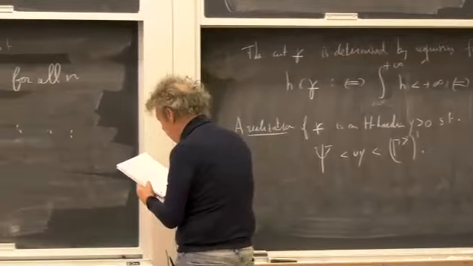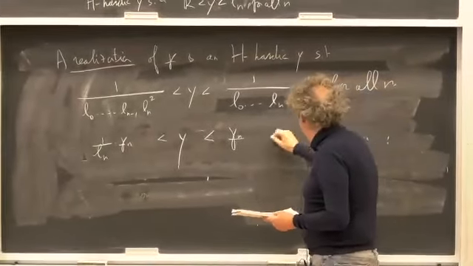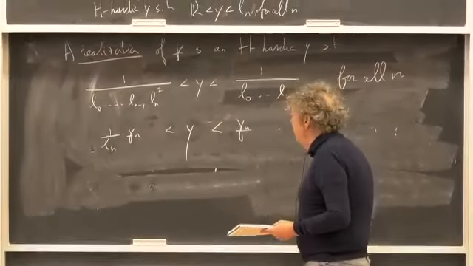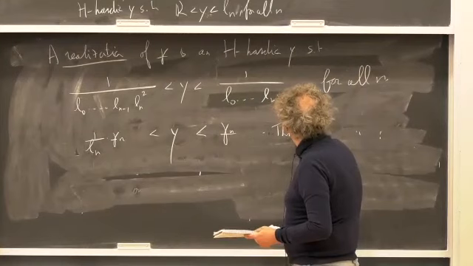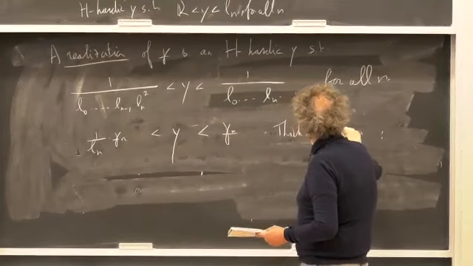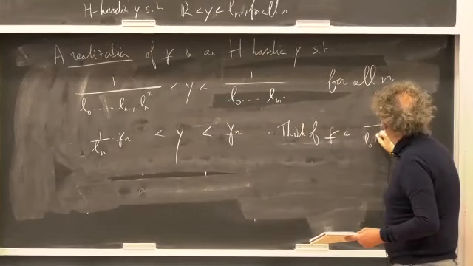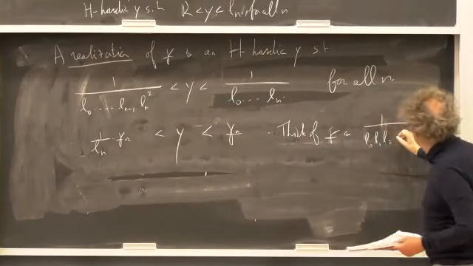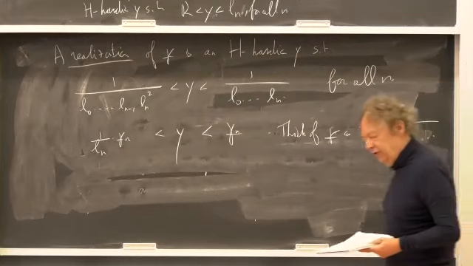I want to finish with an open problem. Let me also say we think of gamma as 1 over L0, L1, L2, as the inverse of this product.